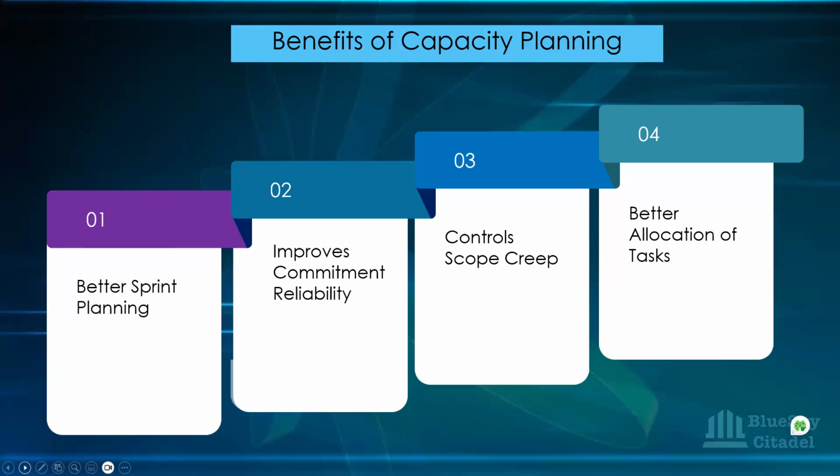And then it helps control scope creep. So scope creep is additional work that comes into the sprint that was not initially planned. There are times when the product owner will come in and say, oh, the client urgently needs us to do this and that.